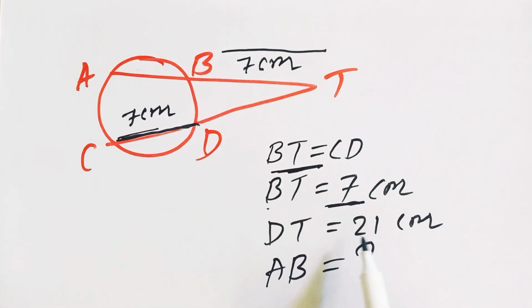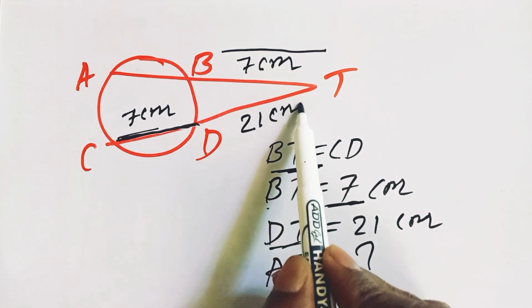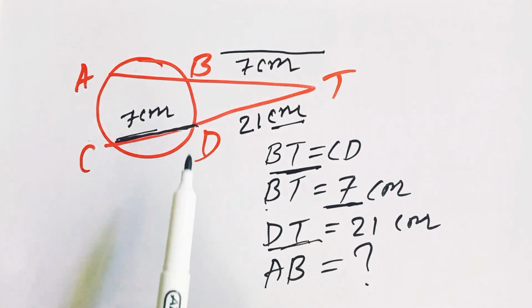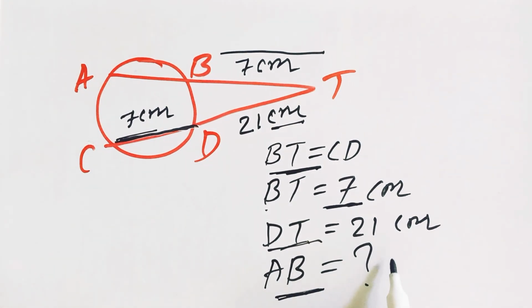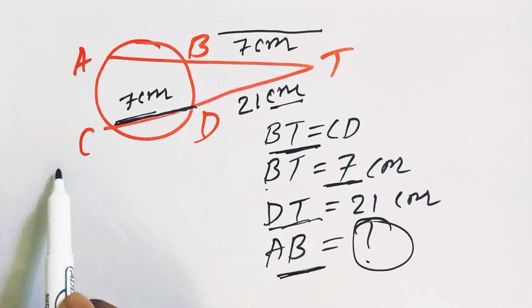So see here friends, here DT is 21 centimeter and what will be the value of AB? So friends, see here the trick in which way these questions can be solved. So here we should have to find out the value of AB.